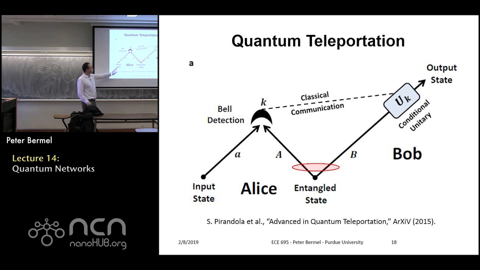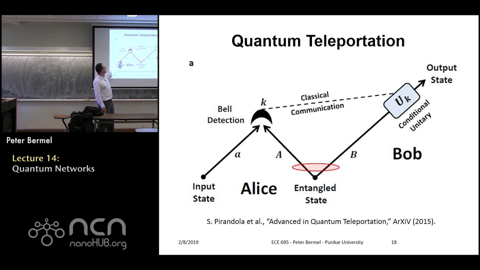So the idea is that Alice has some sort of entangled state, and then she wants to send it to Bob. That's really the concept. This is a fairly nice review paper that explains the concepts very broadly. You have an input state, and then you can entangle that state into something that Alice and Bob can actually share.